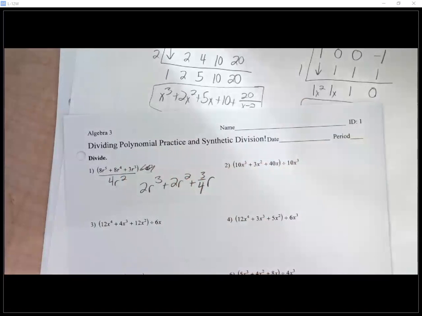Do you guys see what I did there? That's it. If you're dividing by a monomial, you just divide every single term by whatever that monomial is. That's your answer. So try number 2. Wait, I don't get it.